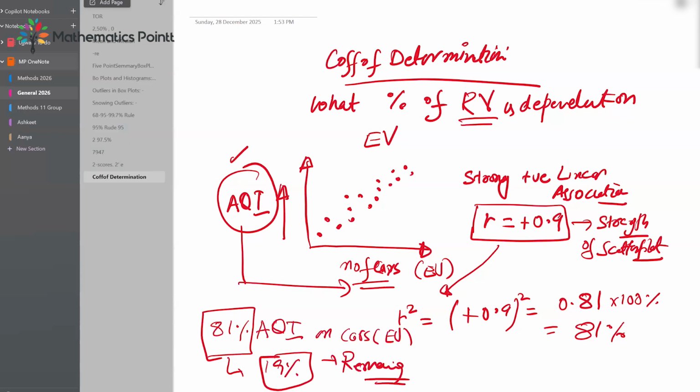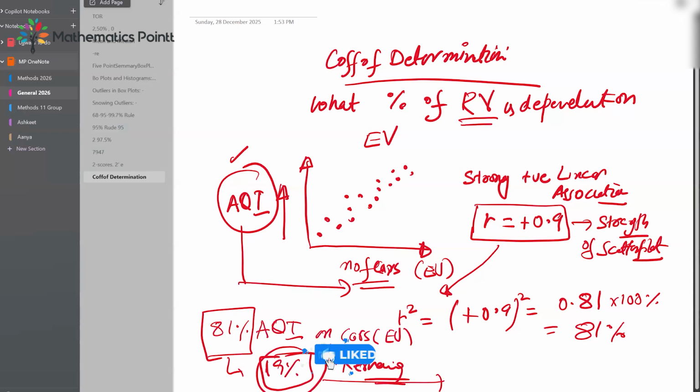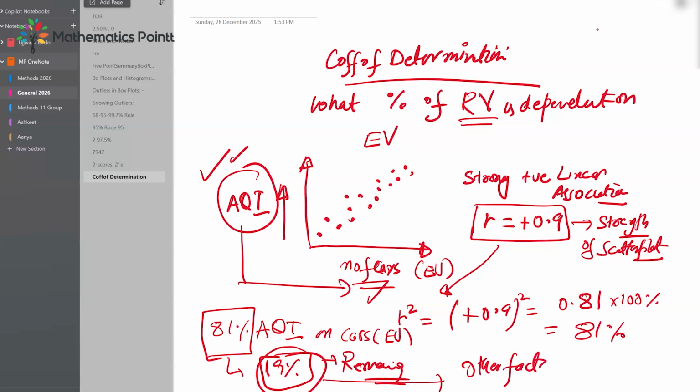It simply means that in this 19% of the scenarios, AQI might not be connected to the number of cars. So that could be the other factors that are influencing my AQI and not the cars.